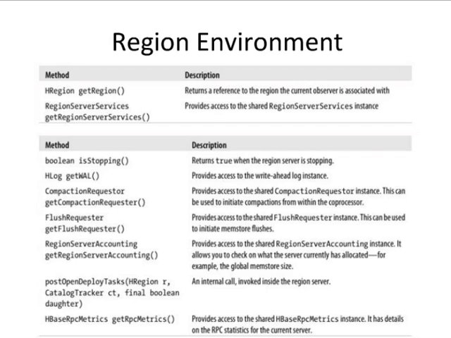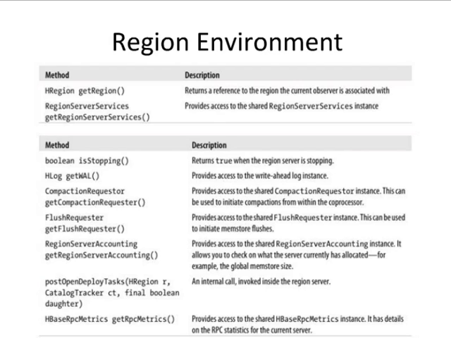Looking at the actual pre-open, post-open, like the ones that I mentioned that you can override in your region observer, you see there they always get that region coprocessor environment variable. So they always get this as the first parameter in your call.